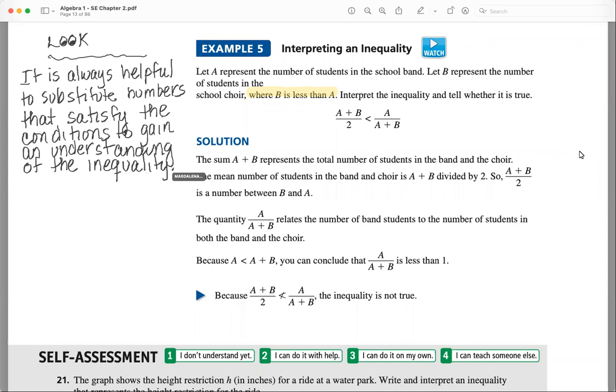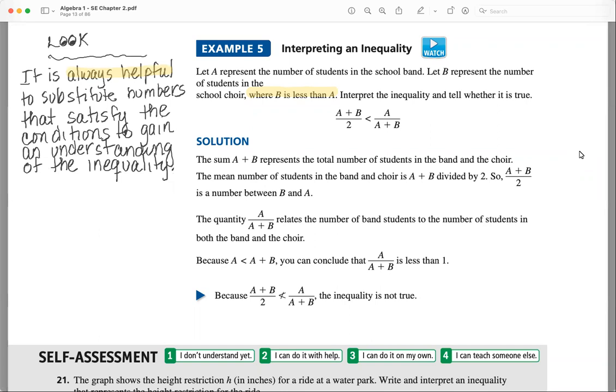Okay, so it is always helpful. Go ahead and highlight that, because you're going to see the difference of how easy it becomes when you give those letters a value.